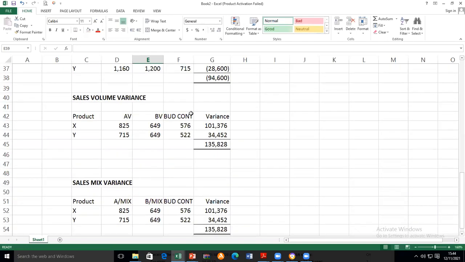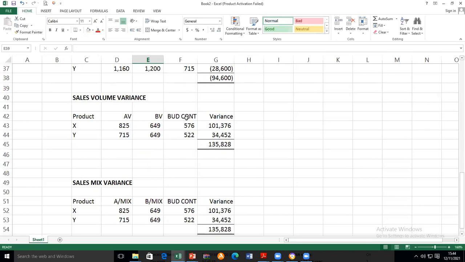People, I'm told that the budget contribution is not correct. Can we revisit the figures? It's 576.